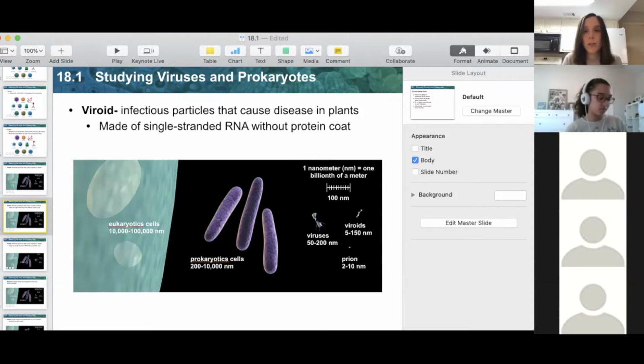So while a virus has a protein coat and looks kind of like a machine, a viroid is just a single strand of RNA.